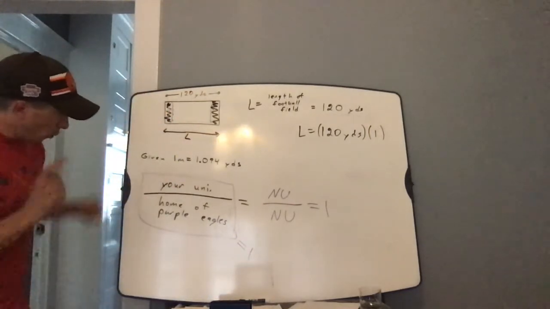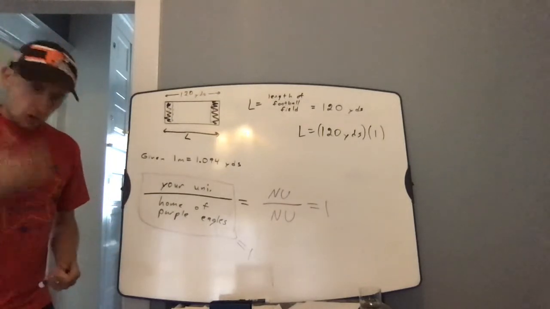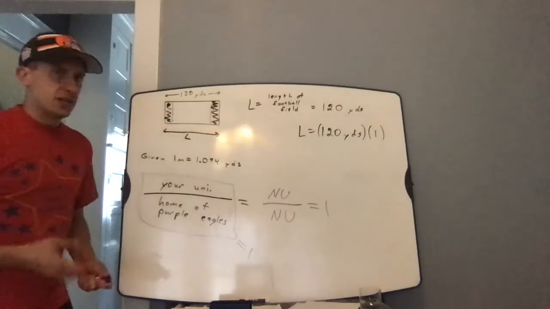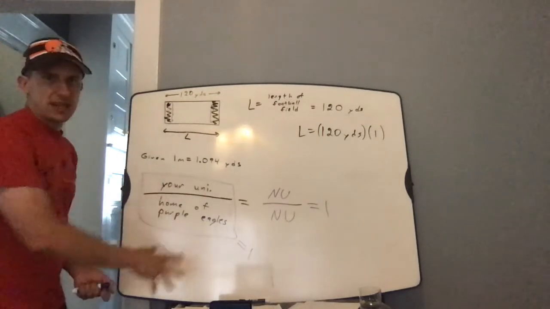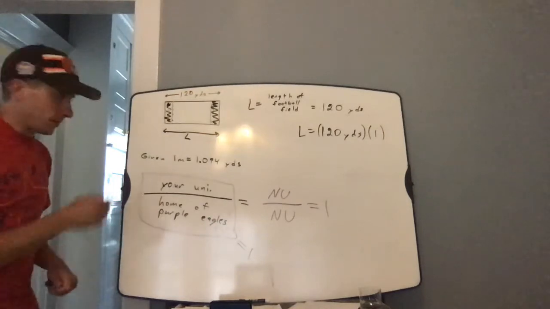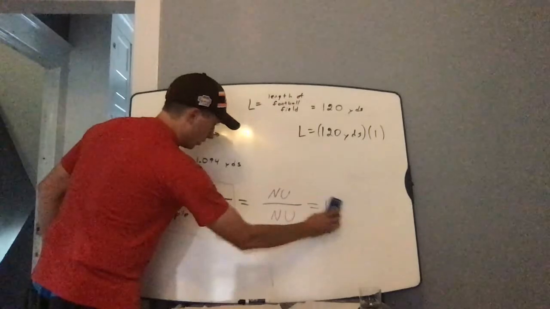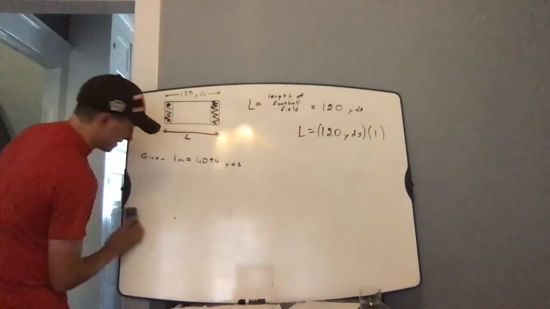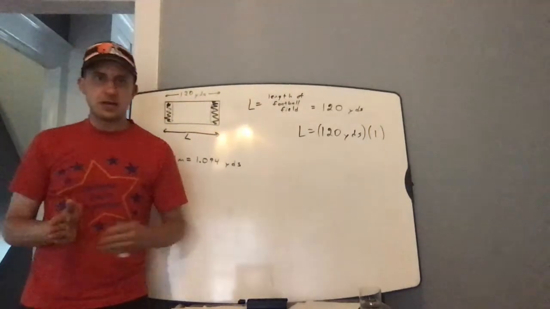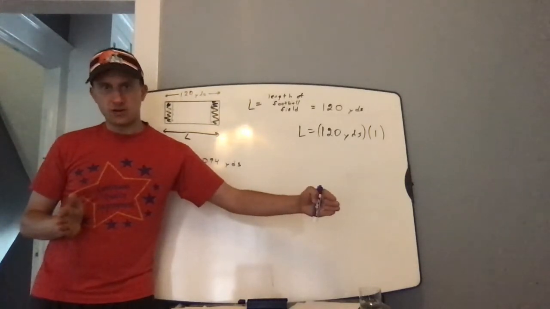Okay, so why did I decide to write the number 1 in this very abstract way? We could divide numbers, but here it's almost like I'm taking an idea and dividing it by that same idea, or taking some object and dividing it by itself. So we said that the concept of 1 meter is the same as the concept of 1.094 yards.